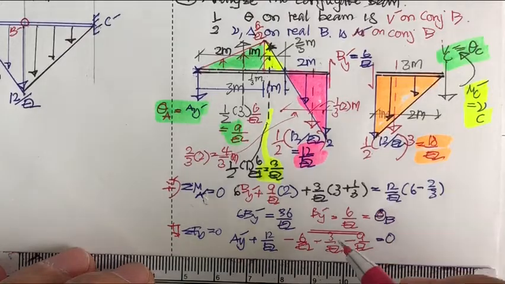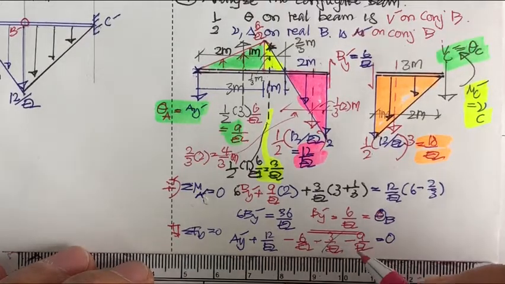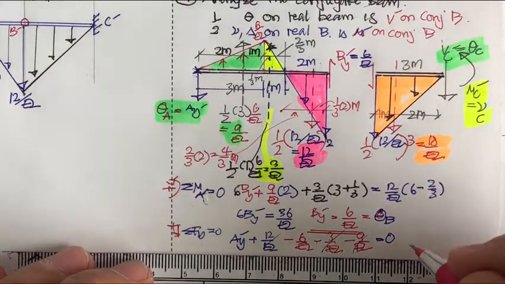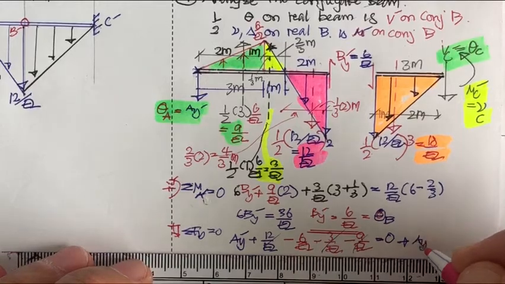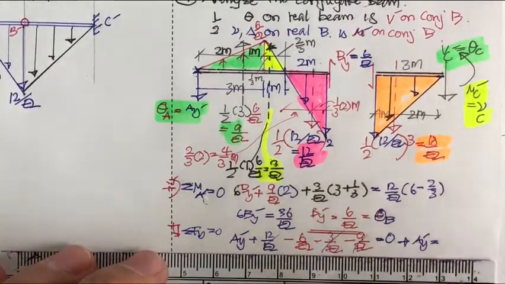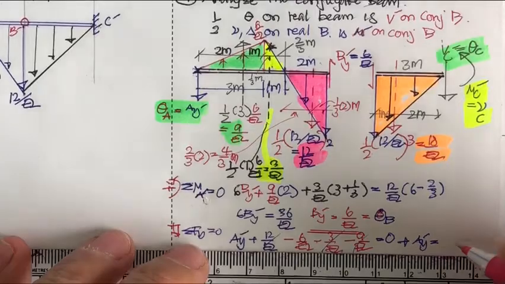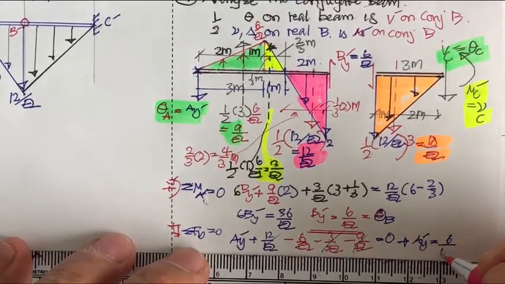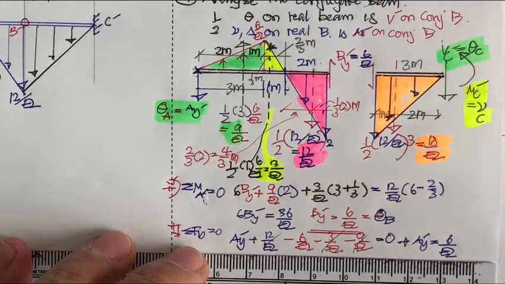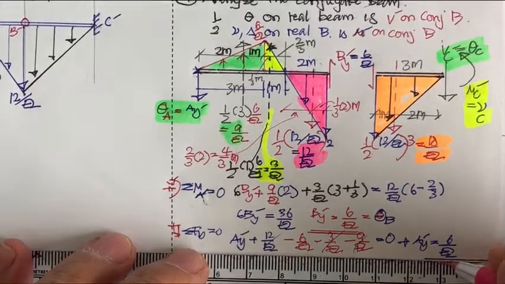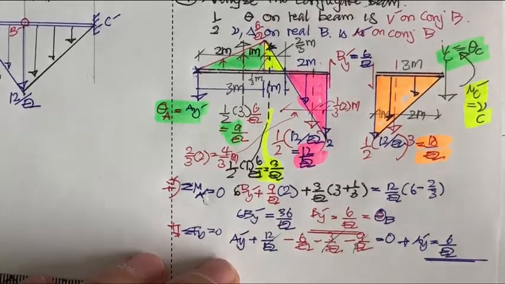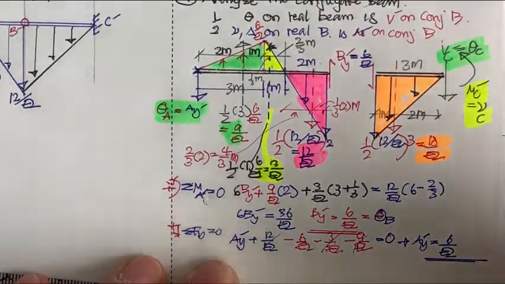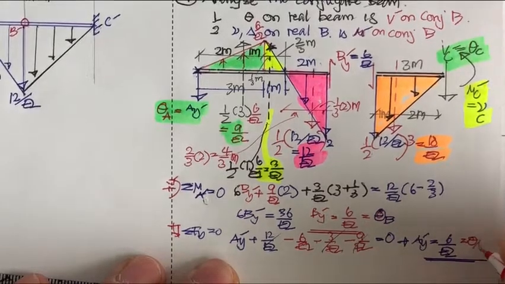And you may see this one and this one, cut this one. So you will have A sub y prime equal to this one, 6 over EI. And you also know this one, this is going to be equal to zeta sub A.